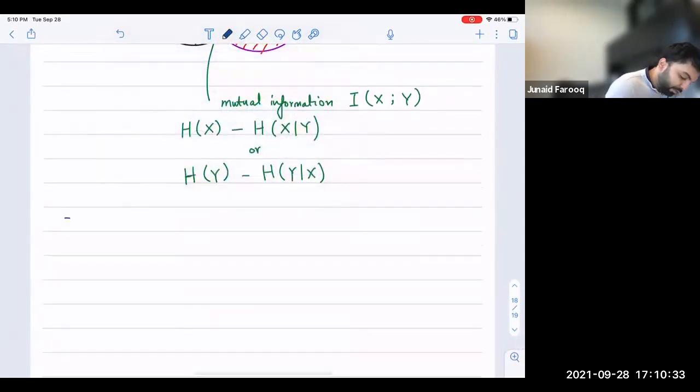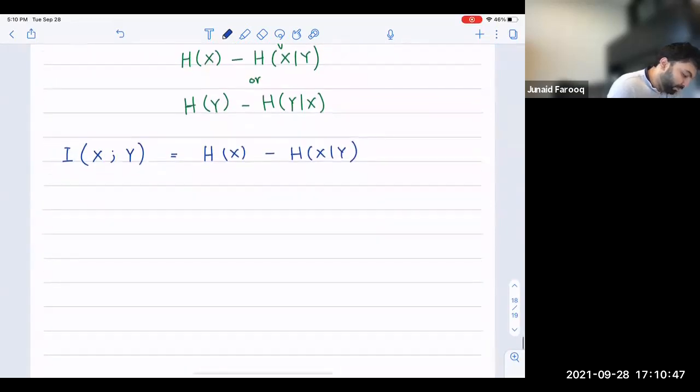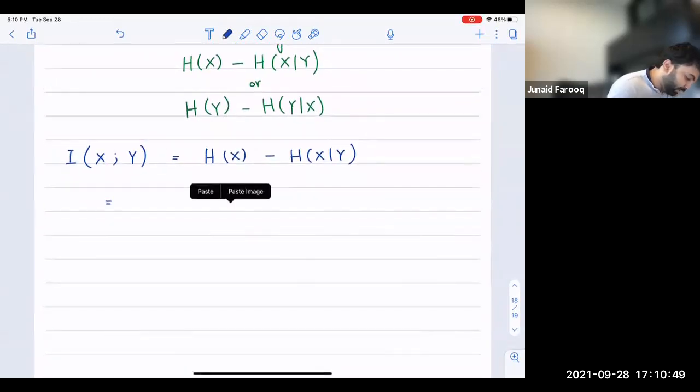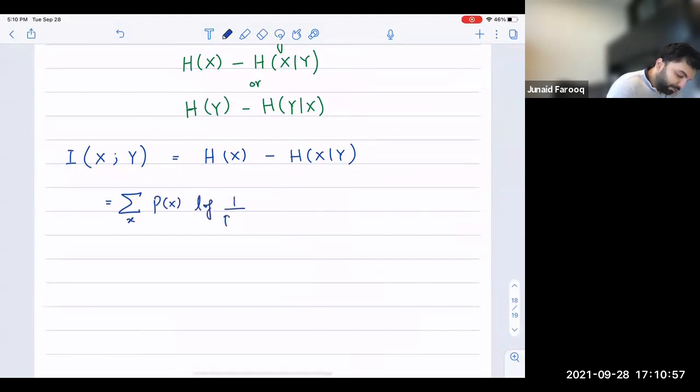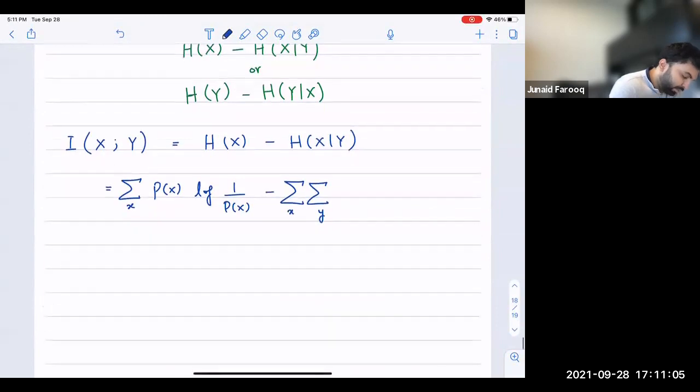Let's say the mutual information between X and Y is defined as h of X minus h of X given Y. And if you expand this, basically you will have the sum over small x p of x log 1 over p of x minus the double summation over x and y p of x y log 1 over p of x given y.